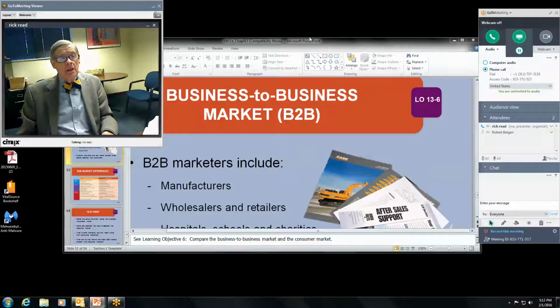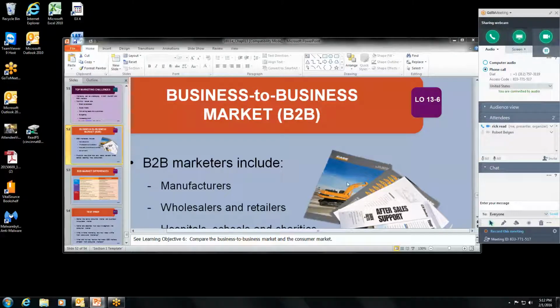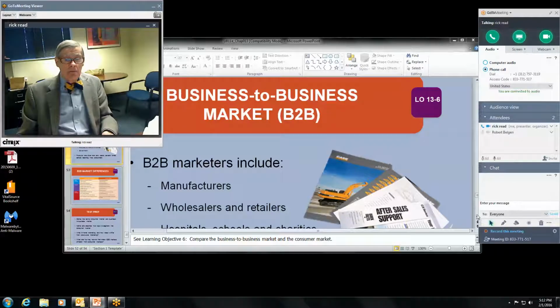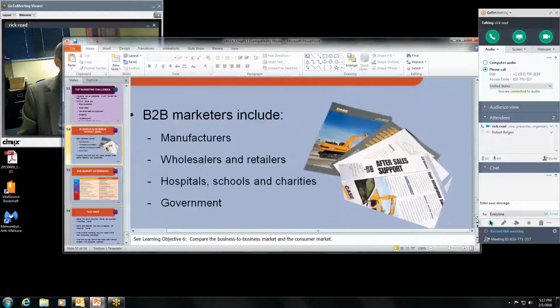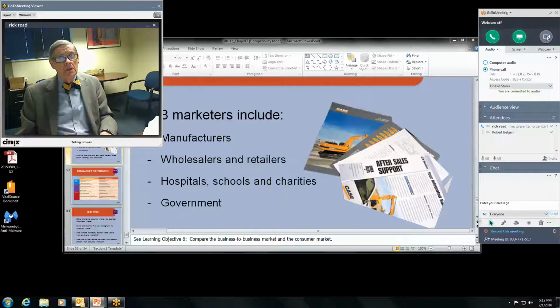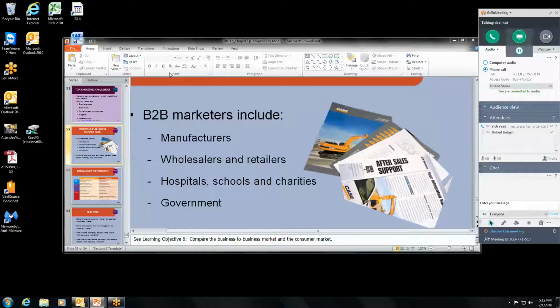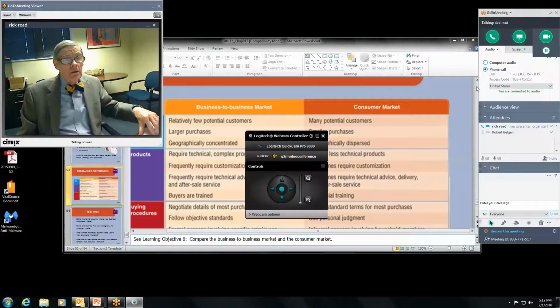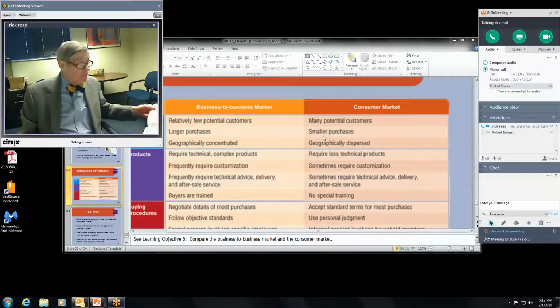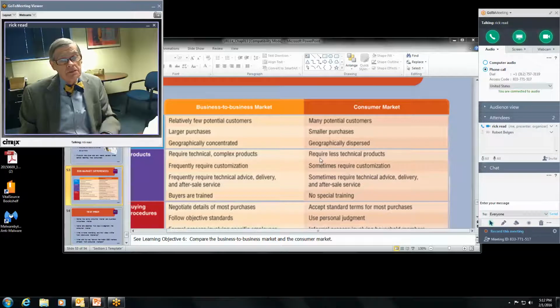Business to business market. And we know who these are. You may notice that a lot of people we know here: manufacturers, wholesalers, retailers, institutions like hospitals, etc., and of course the government. And there's the difference between the business to business market and the consumer market.